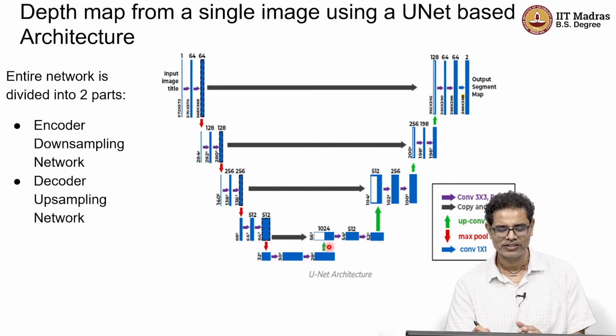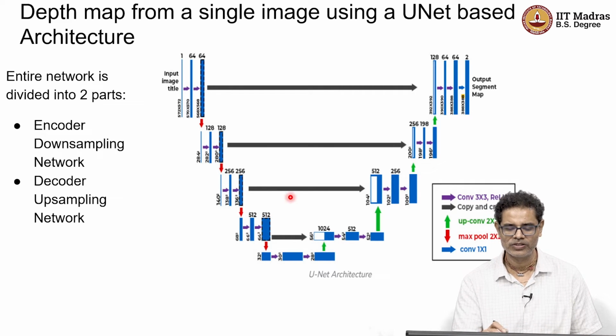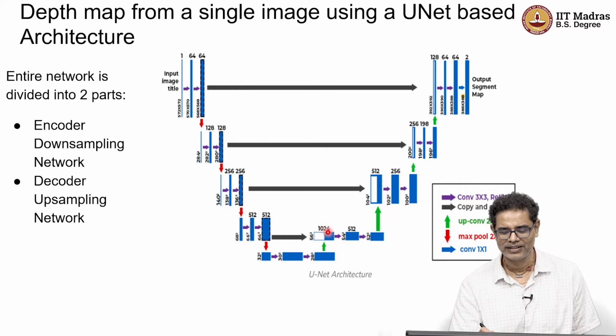We could have done upsampling without this, but if you look at these connections, the skip connections or copy and crop, what it does is these features in the encoder, for example this feature, are concatenated with the decoder. Once you start the decoding, it is concatenated with the decoder.